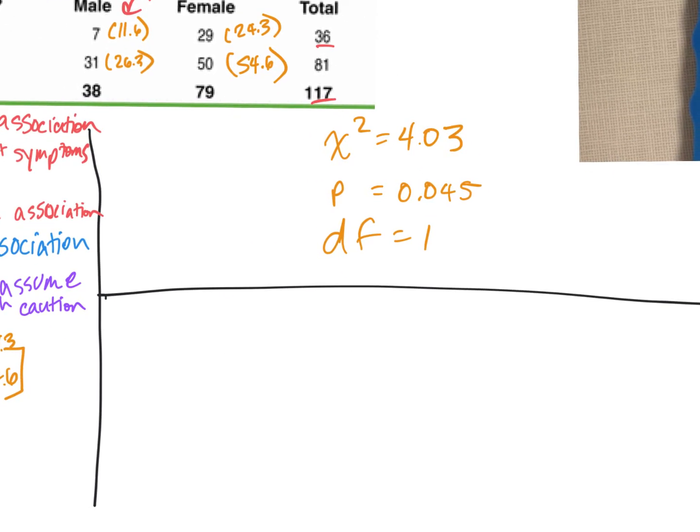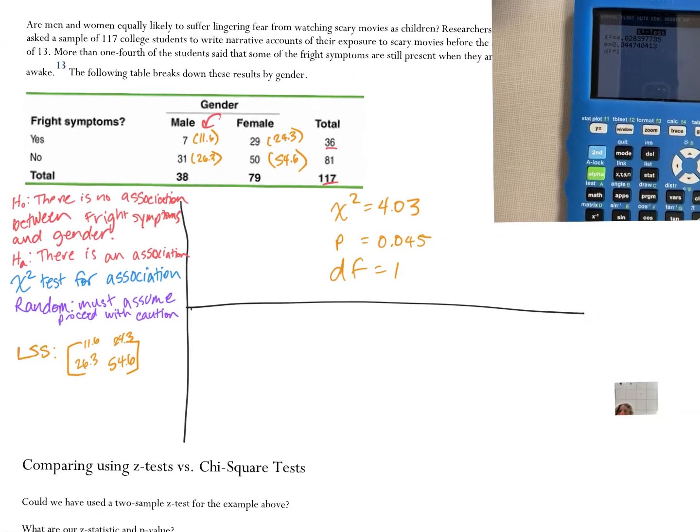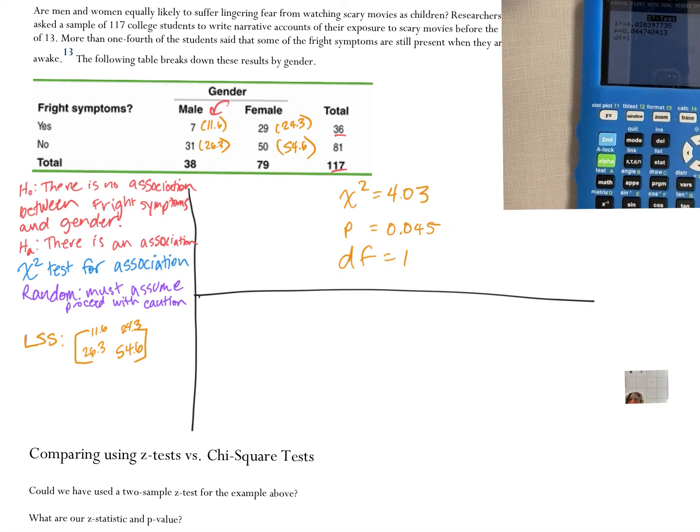All right, so help me with my conclusion here, y'all. We can reject the null hypothesis. Yeah. Okay. So since 0.045 is less than 0.05, we can reject H0.